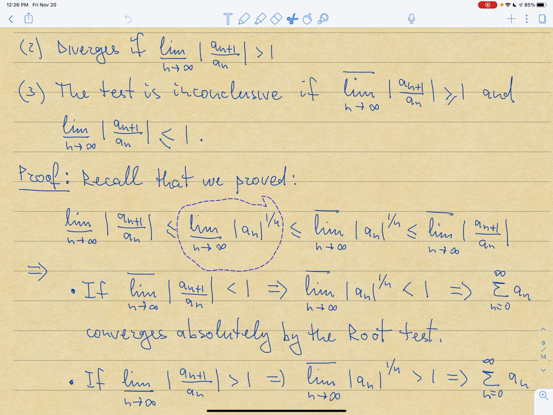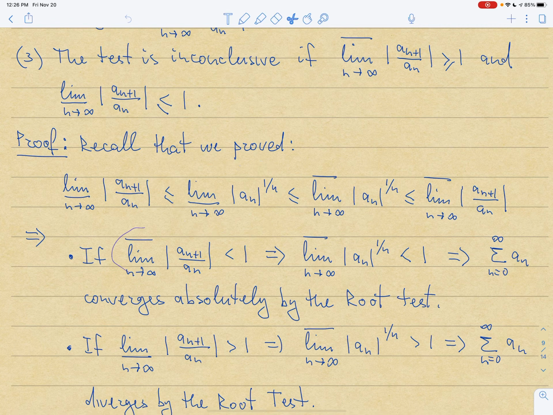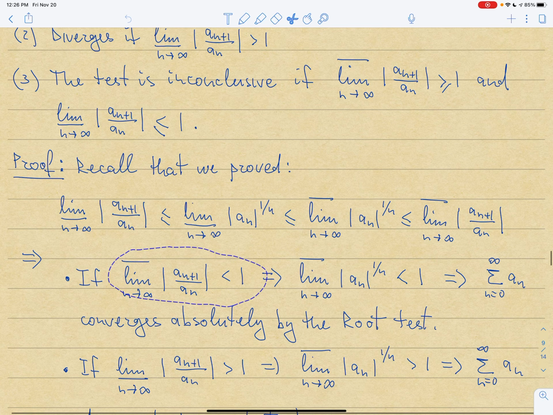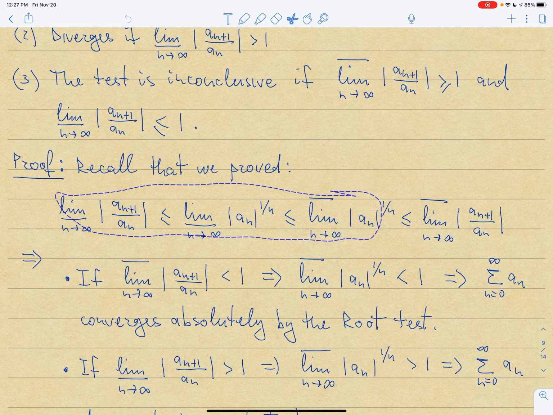All right, so to prove part 1, let's suppose that lim sup of |a_{n+1}/a_n| is less than 1. If that is the case, then this quantity is less than 1, and everybody else here is going to be less than 1, because they're all less than the lim sup of the ratio.